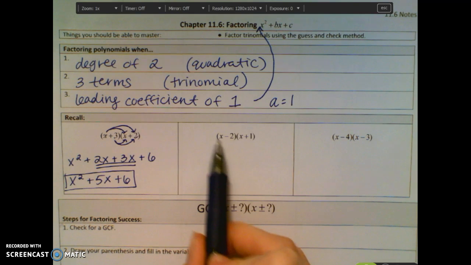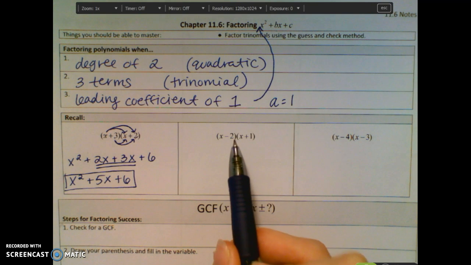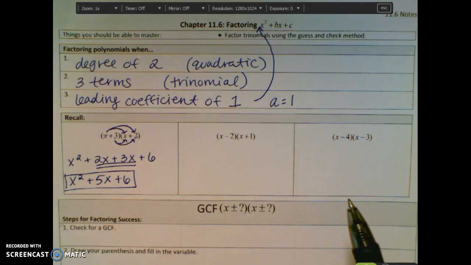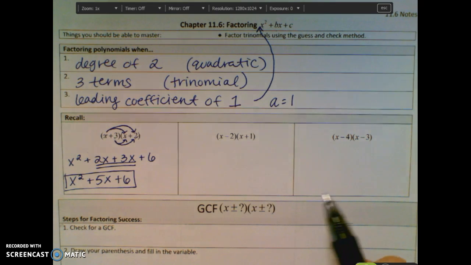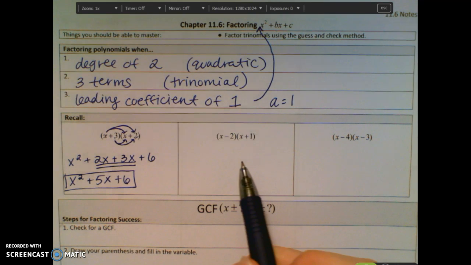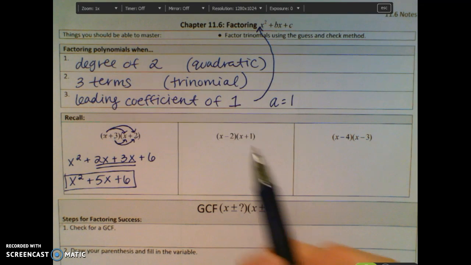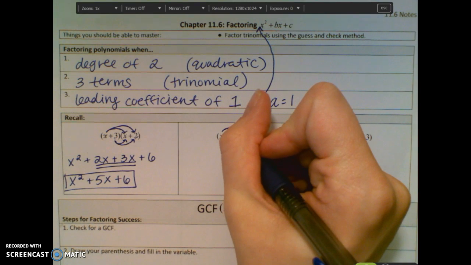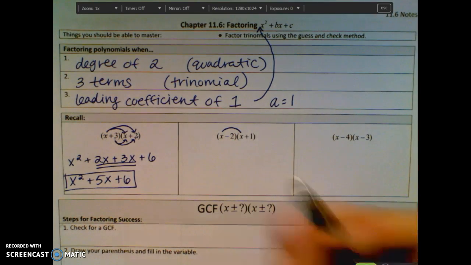On this next one, I want us to approach it slightly differently. We're still going to distribute, but we are just going to do it a little bit differently. We're going to use kind of a graphic organizer of sorts. A graphic organizer just means there's a specific way that we organize our terms, that we organize what we do to make it easier. So the way that I'm going to do it is I'm going to start by multiplying the x times the x, just like we did last time.